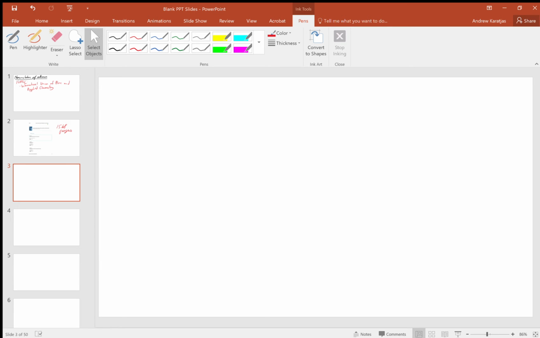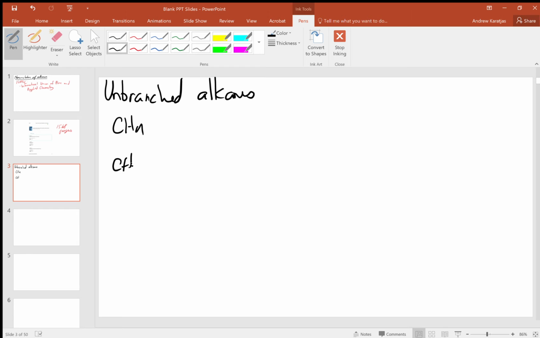But we're going to start with some basics. And the basics that we're going to start with is that you can't do any organic nomenclature until you've learned your unbranched alkanes. So these are just our alkanes that are straight chains and have nothing else coming off of them.